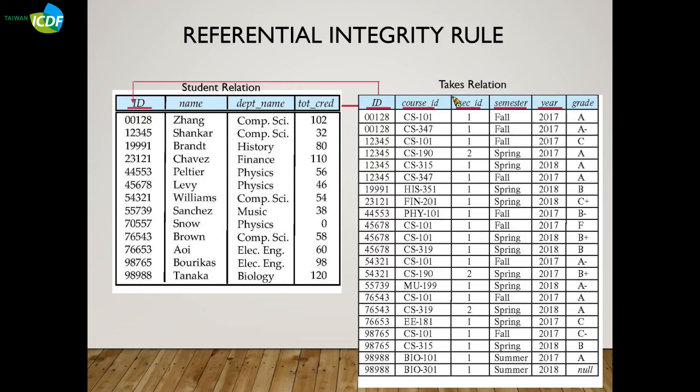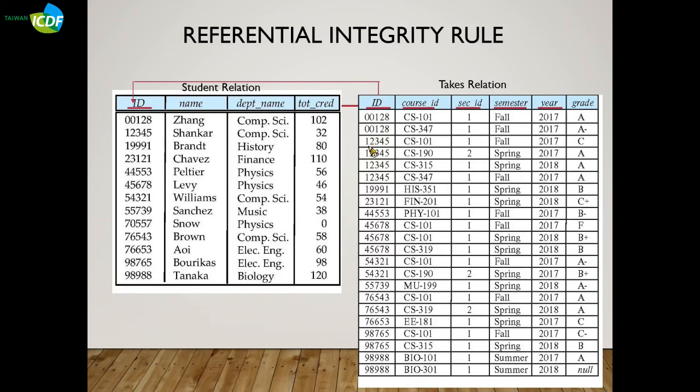If we consider the takes relation, the tuple with ID 00128 means this student takes course CS101. So this student should be found in the student relation. If we can find the corresponding student number, we complete this reference.